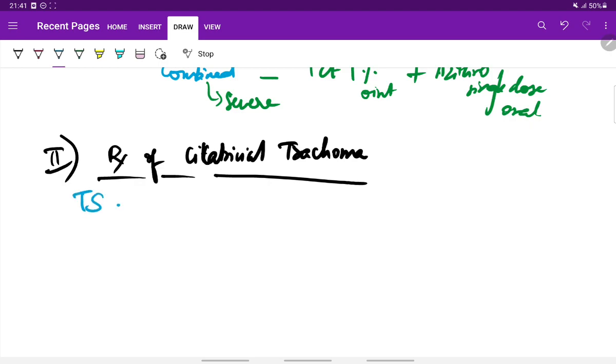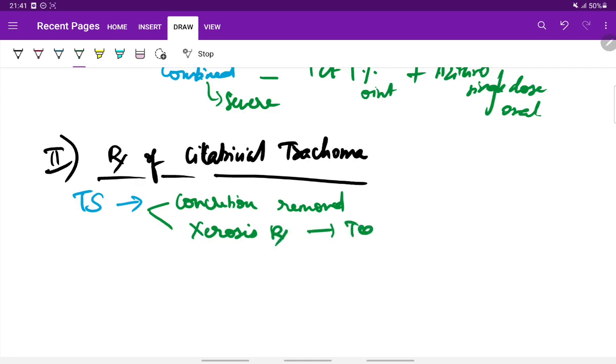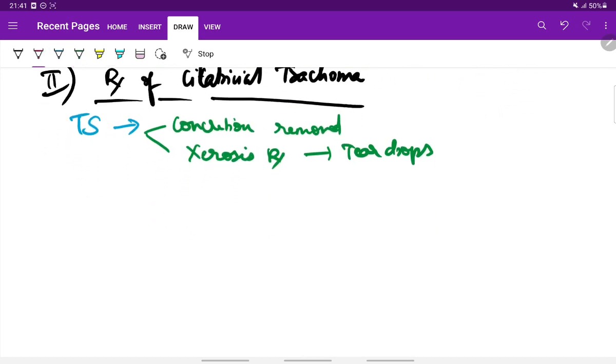Here, the stage TS, that is trachomatous scarring, the concretions are to be removed, and we should also treat the conjunctival xerosis by teardrops. Next, for stage TI, trachomatous intense inflammatory stage.